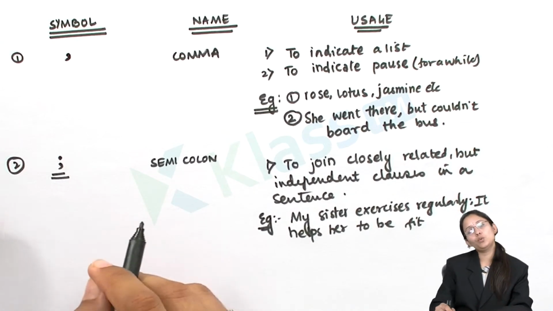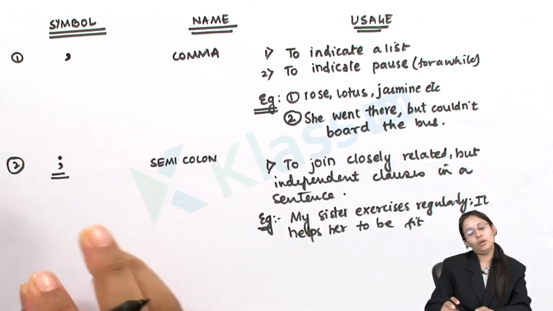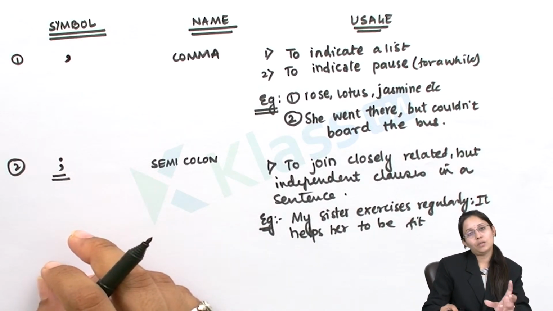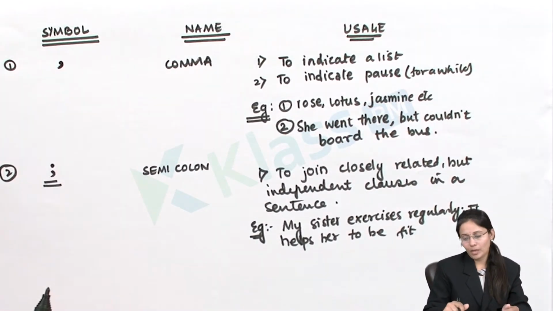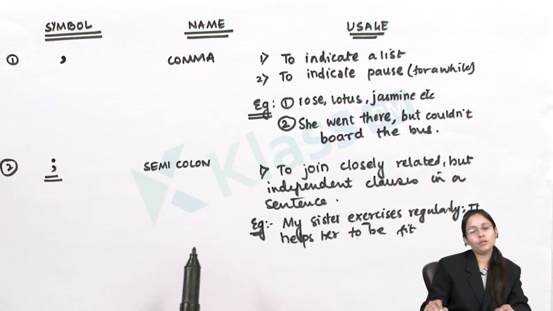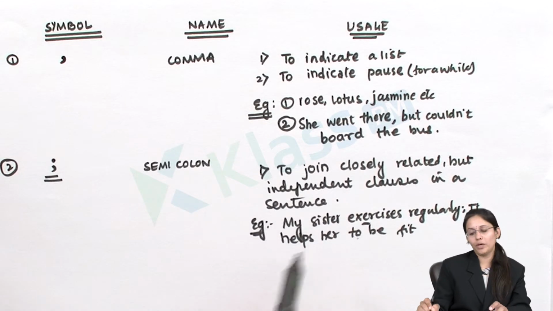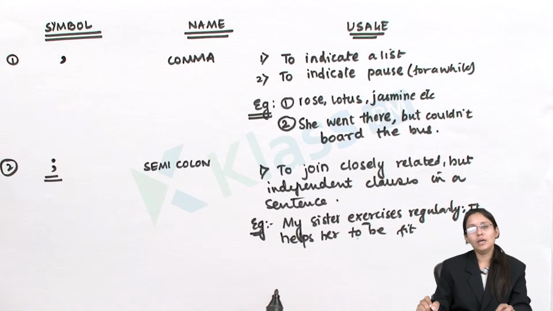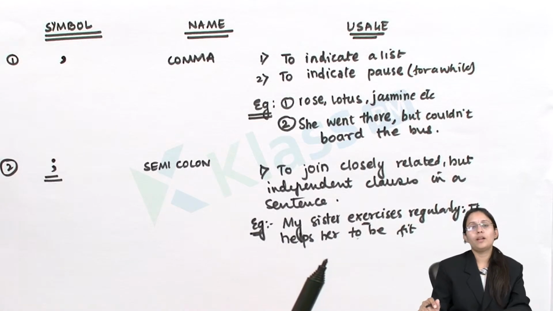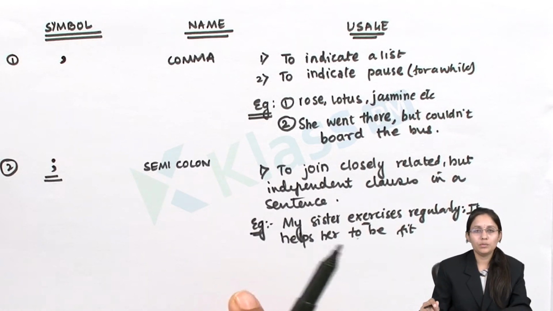A semicolon is used when we try to bring together two different aspects of a particular thing. Here we are mainly focusing on exercise, and related to exercise we are also writing a closely related point. So we write here: my sister exercises regularly; it helps her to be fit. This is the use of the semicolon. I hope you have understood how and when to use a semicolon.